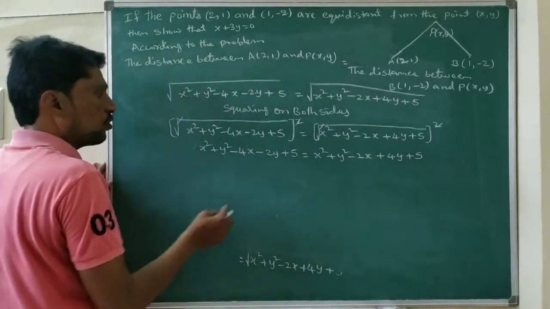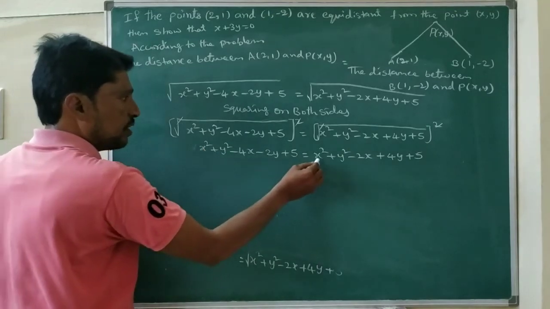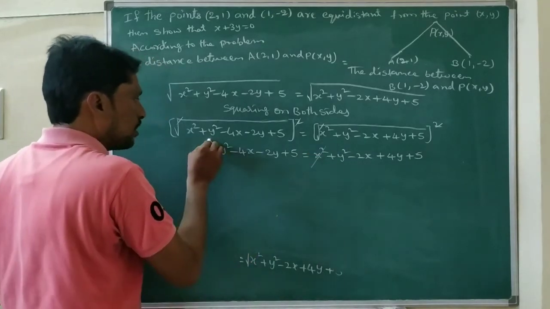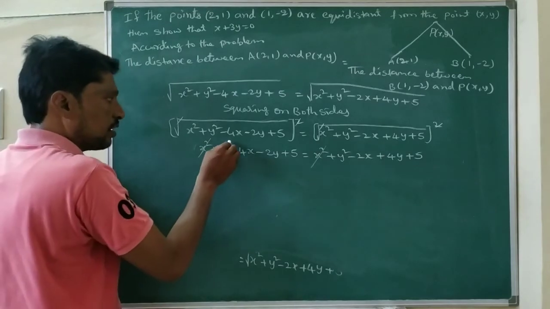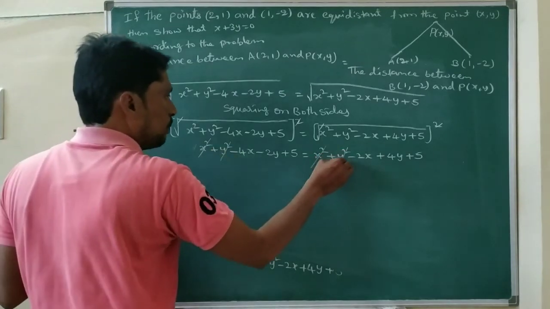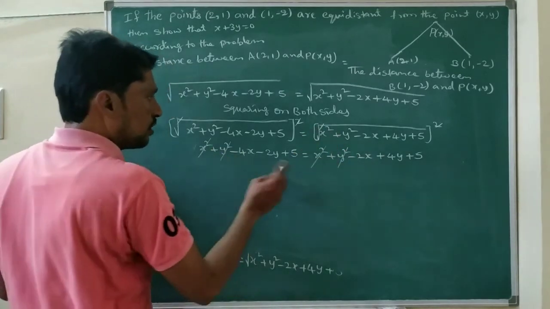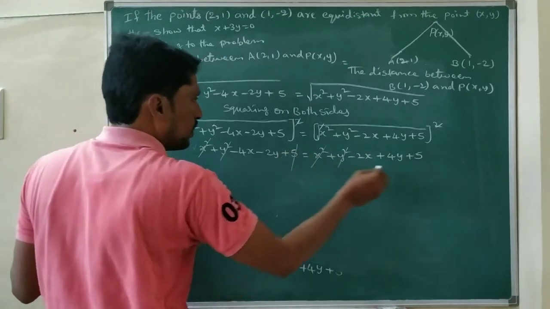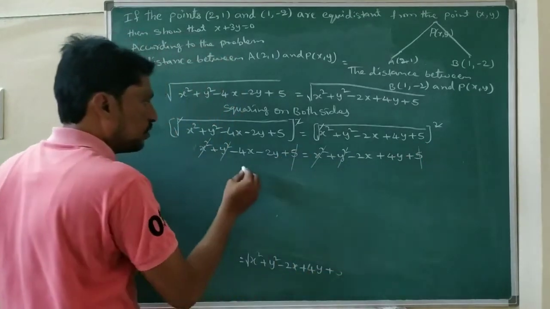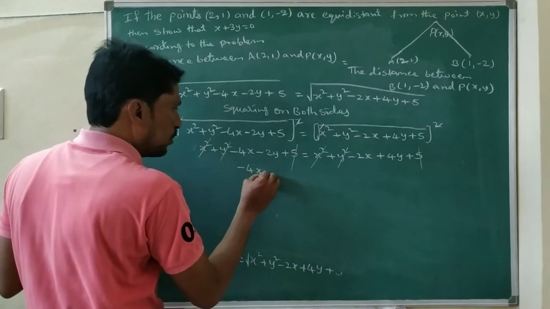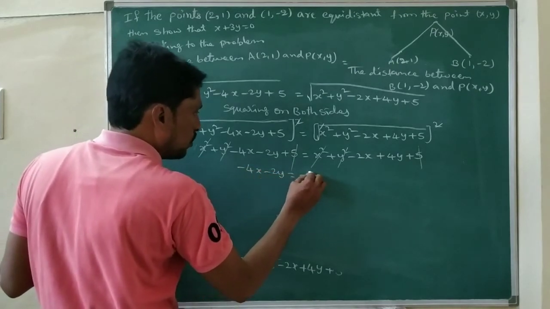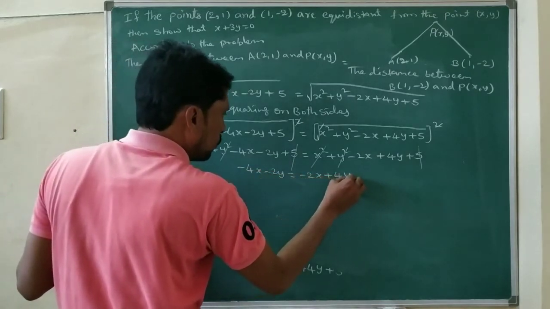Now here both sides, this is plus x square, here also plus x square, so we can cancel x square, and plus y square gets cancelled. Plus 5 also gets cancelled. What is remaining here? Minus 4x minus 2y equals minus 2x plus 4y.